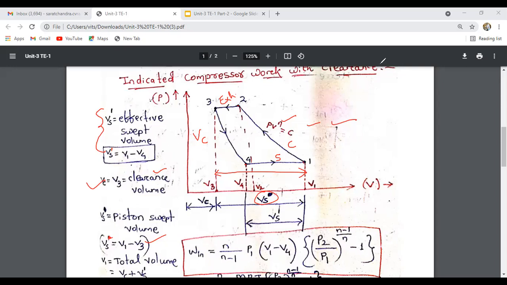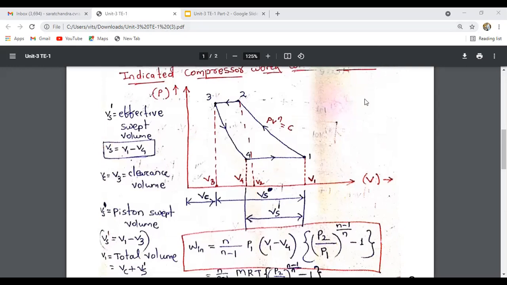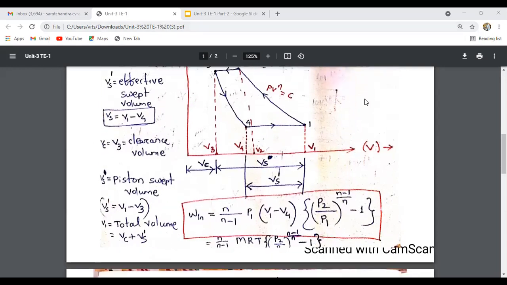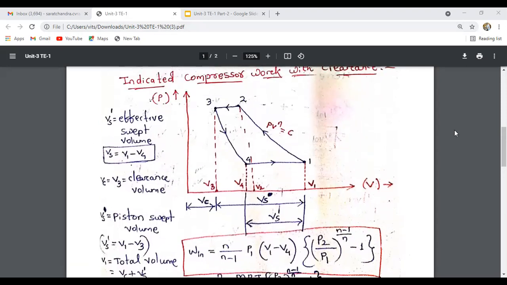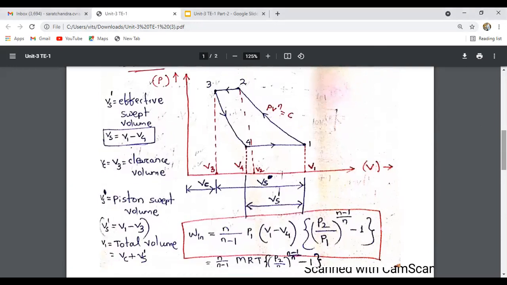And you have to remember this formula. If the question gives the clearance volume, then the work input formula is N by N minus 1 MRT, P2 by P1 whole to the power N minus 1 by N, minus 1. And in terms of volume, it is N by N minus 1 P1 into V1 minus V4, P2 by P1 whole to the power N minus 1 by N, minus 1.